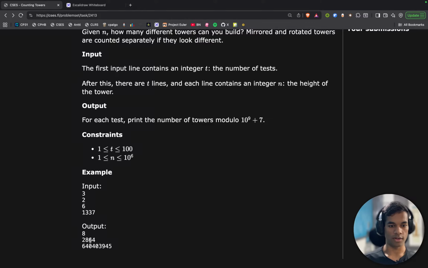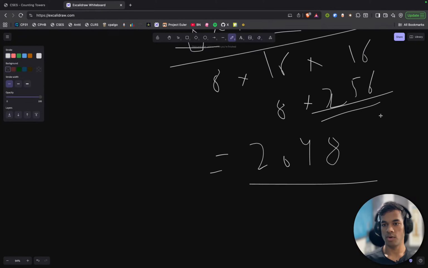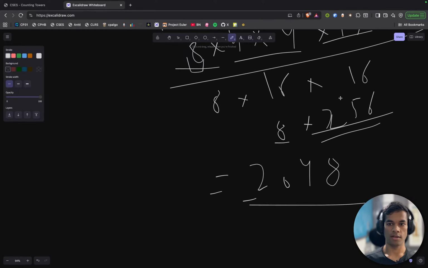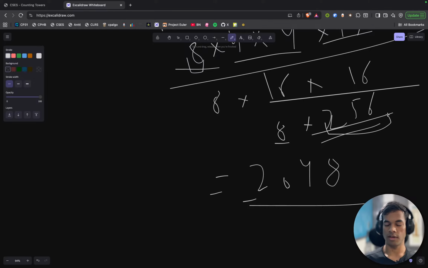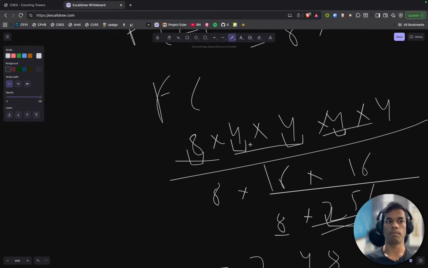Wait, if that is not 2864. Okay, I messed up, I guess, at some point. 250 into 4 is 1000 and 2000. 16 into 16. I think I got that also right. Into 4, into 4. Wait, for the top part.